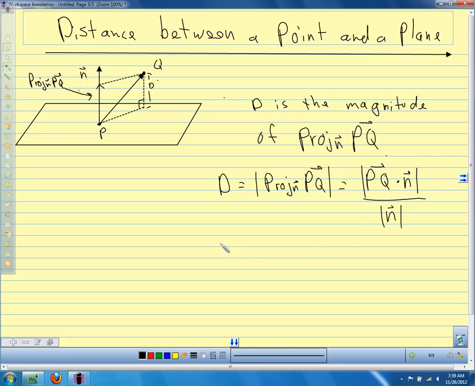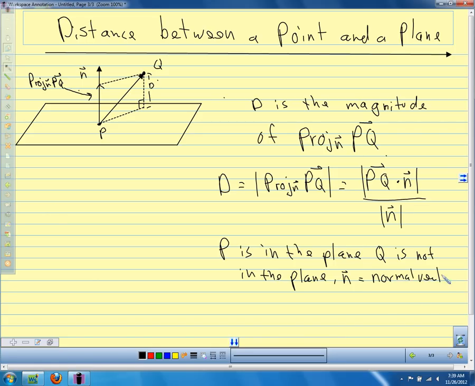P is a point in the plane. Q is the point that we're interested in. Q is not in the plane. And N is the normal vector. So for a line, to find our distance, we use the cross product.